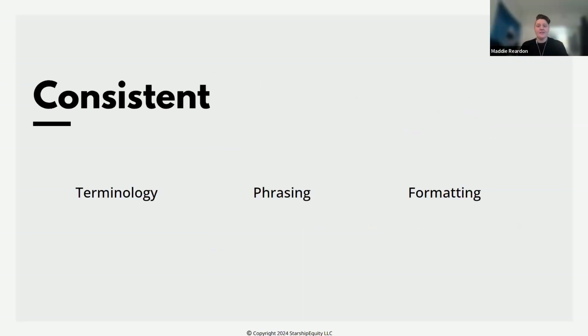Next, we have consistent. So this is about using consistent terminology, phrasing, and formatting. The reason for this principle is that when you are conveying information and you need it to be easily, quickly understandable, if you're using synonyms, someone might take a moment, half a moment, consciously or unconsciously, to consider: are they using a synonym here to use these terms interchangeably, or is there a slightly different meaning here?